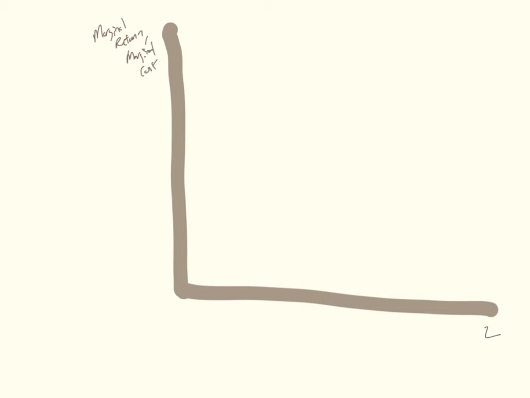Picturing the same thing from a slightly different perspective is, instead of plotting returns against investment, let's plot the slope of those return functions, marginal returns. And so we have investment 1, and we'll say that this is investment 2 from before.